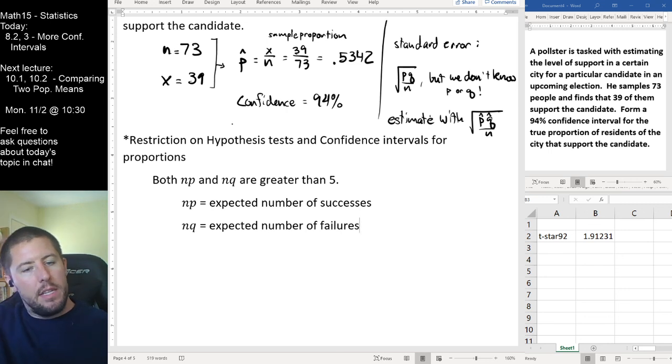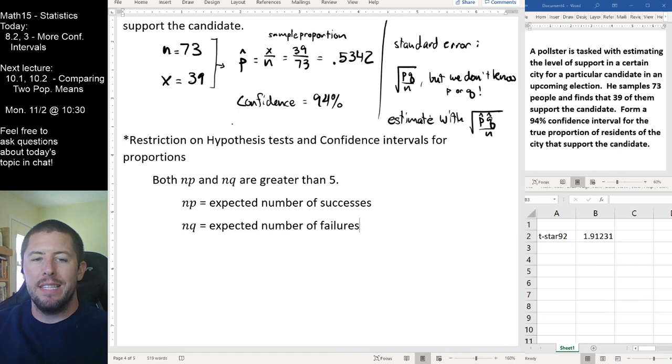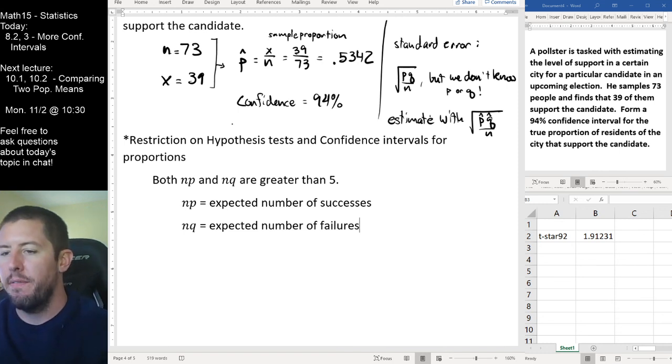Basically the deal here is that we need to take a sample that is big enough that we expect to get at least 5 yeses and at least 5 nos.